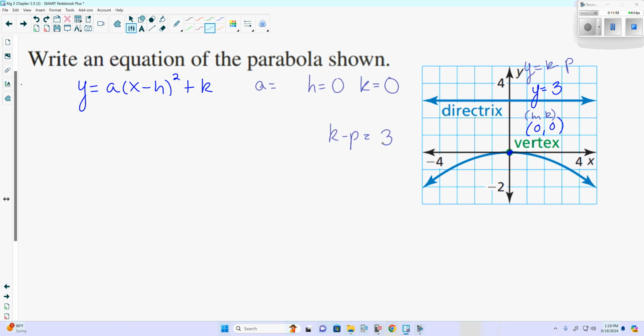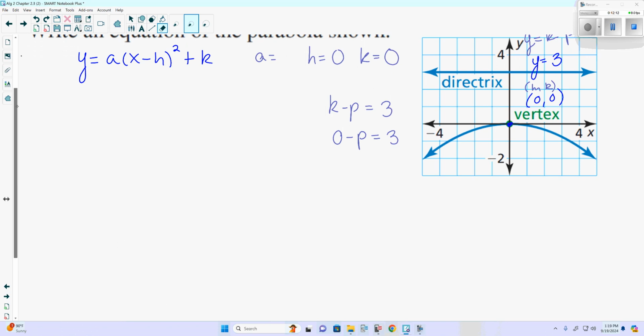And the reason we need to find p is because if I have the value of p, we can find the value of a. I need to find p to find a to finish this out. Now k minus p is equal to 3. Okay. What's 0 minus p? Negative p.